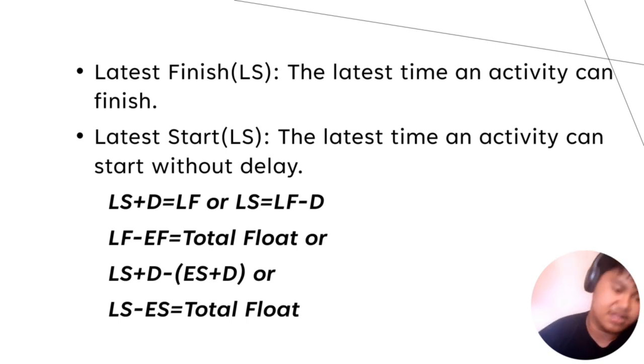These are the formulas: LS plus D is equal to LF, or LS is equal to LF minus D. LF minus EF is equal to the total float, or LS plus D minus (ES plus D), or LS minus ES is equal to the total float.